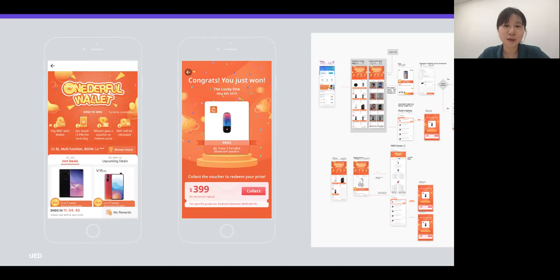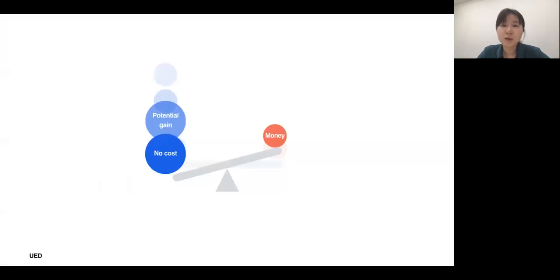And I remember it was very successful in the sense that it was shared everywhere on Facebook, and also when people actually received the product from Lazada and they posted. So in this very specific case, we're adding value in terms of potential gain.